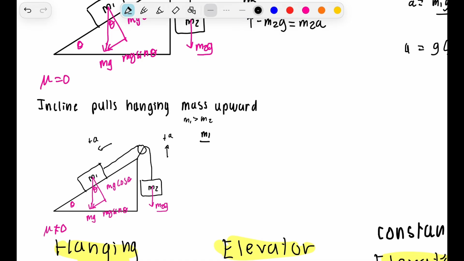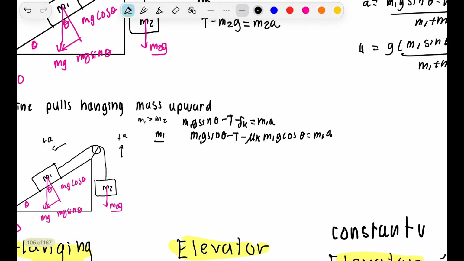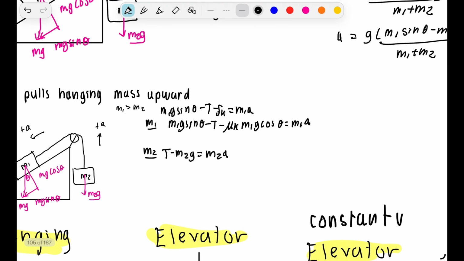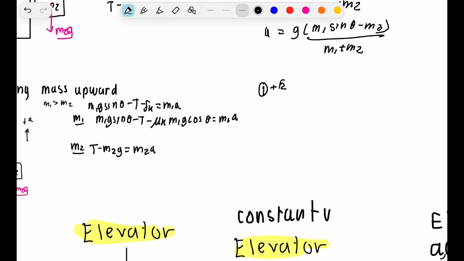For M1, we have, and now for M2, upwards positive.